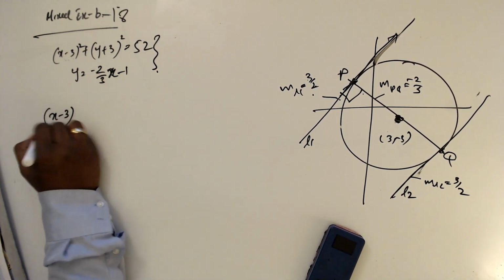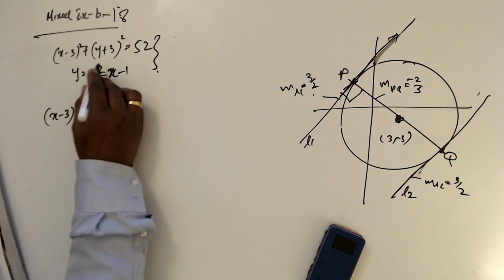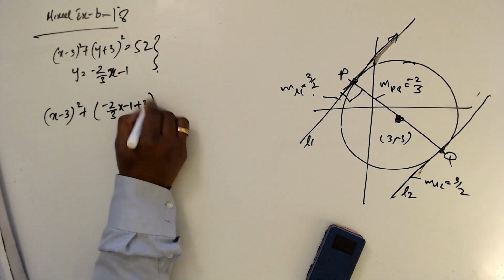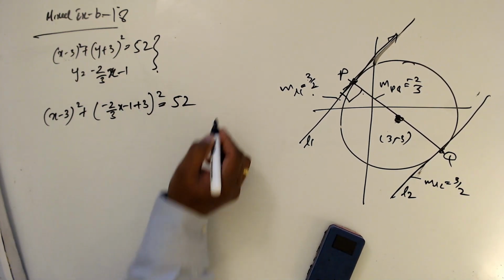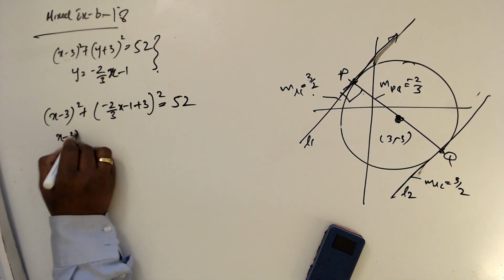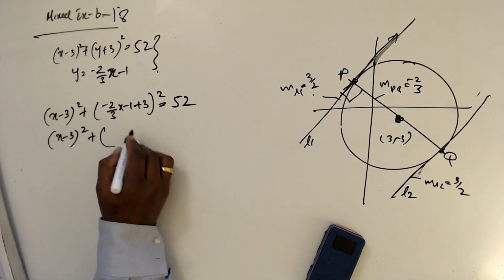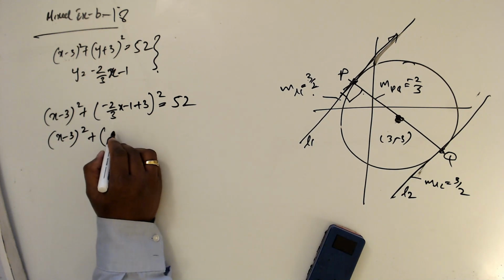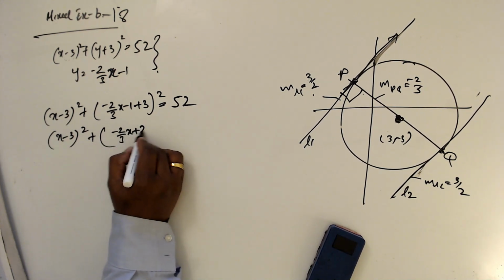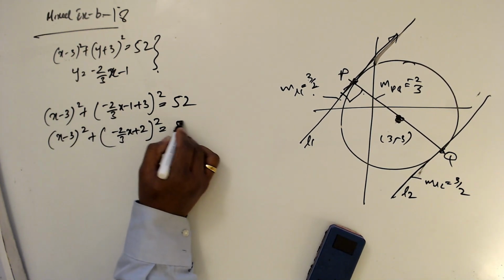(x minus 3) squared plus (y, which is minus 2 over 3 x minus 1, plus 3) squared equals 52. So (x minus 3) squared plus (minus 2 over 3 x plus 2) squared equals 52.